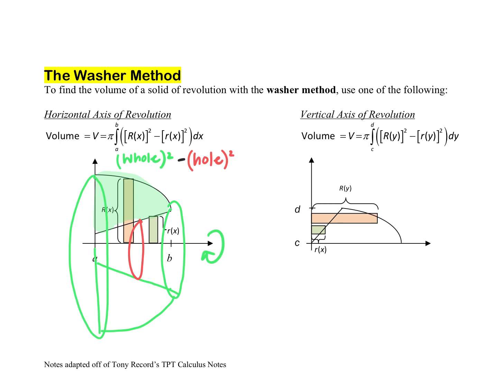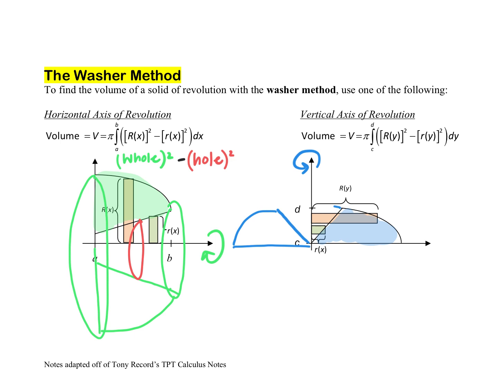The only difference between these two formulas is that this is your horizontal and this is your vertical. So if I would rotate it along the y-axis, rotating it this way, for this picture that we've got, if this is my shaded region, that would look something like this.